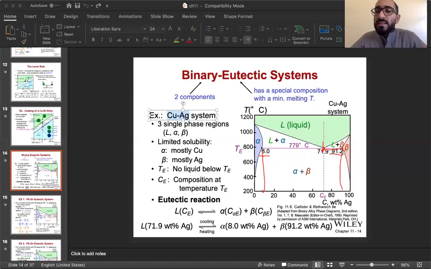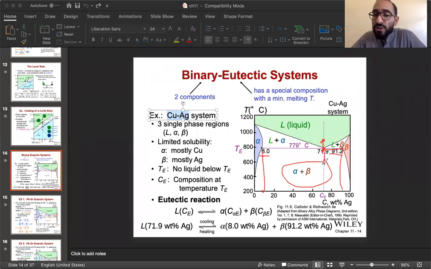So why is this called eutectic? Because eutectic is a Greek word that means the solid can easily melt. Here the two phases, alpha plus beta, can easily melt directly to liquid.